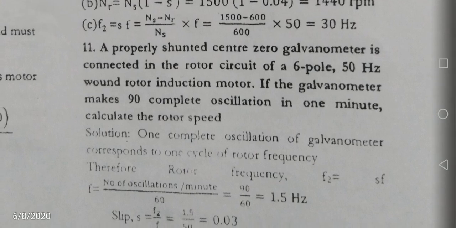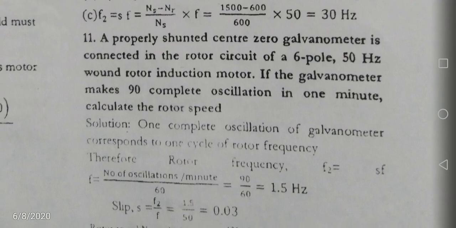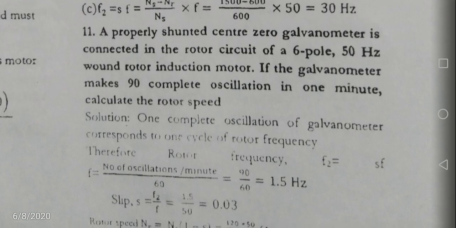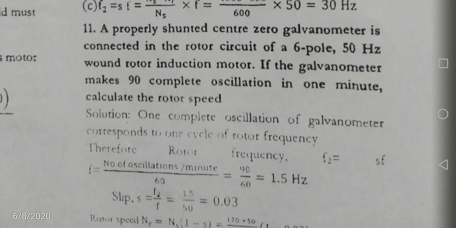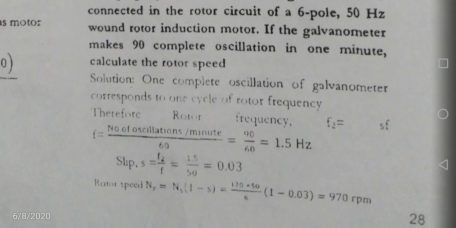A properly shunted center-zero galvanometer is connected in the rotor circuit of a 6-pole 50 Hz wound rotor induction motor. If the galvanometer makes 90 complete oscillations in 1 minute, calculate the rotor speed.